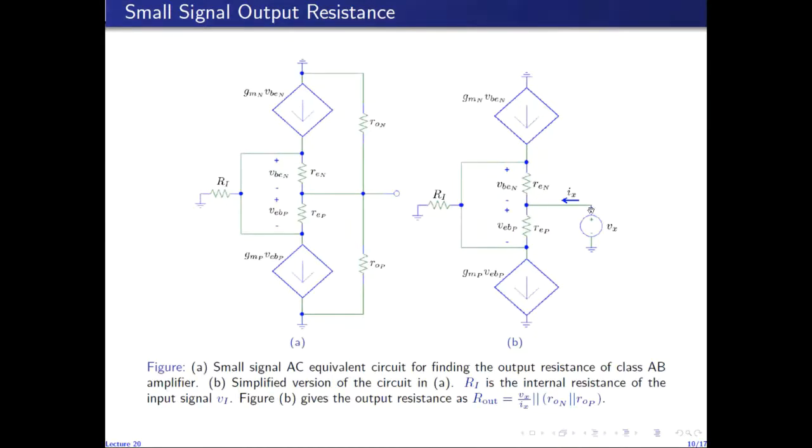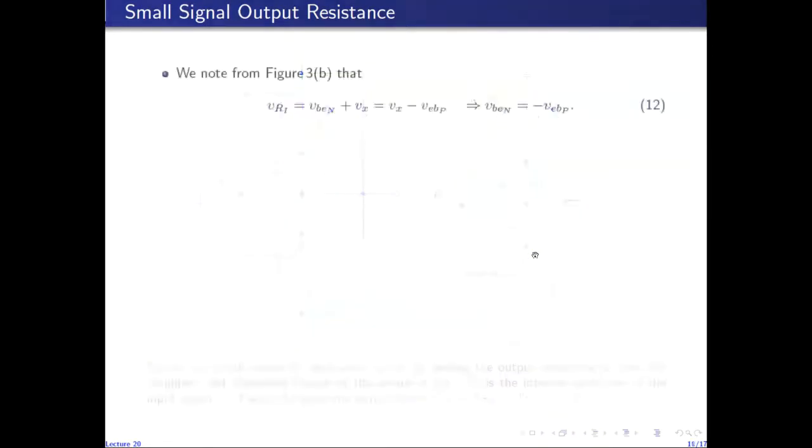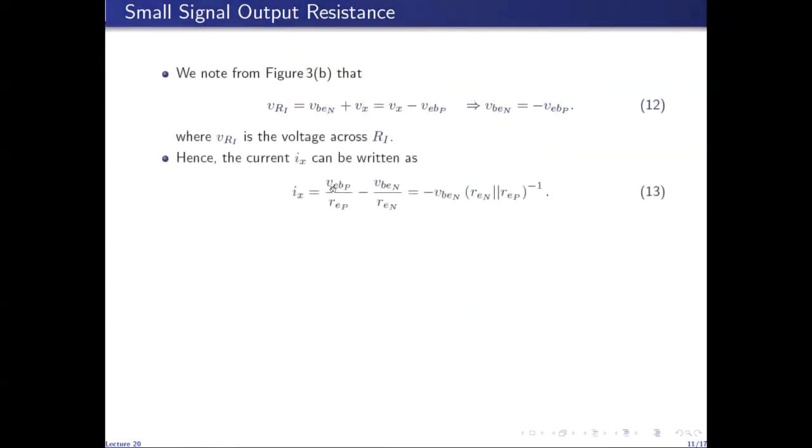So this current plus this current Ix is equal to this current. So I can invert this relation, and Ix will be VEBP over REP minus VBEN over REN. So this is the downward current through REN, and this is the downward current through REP.